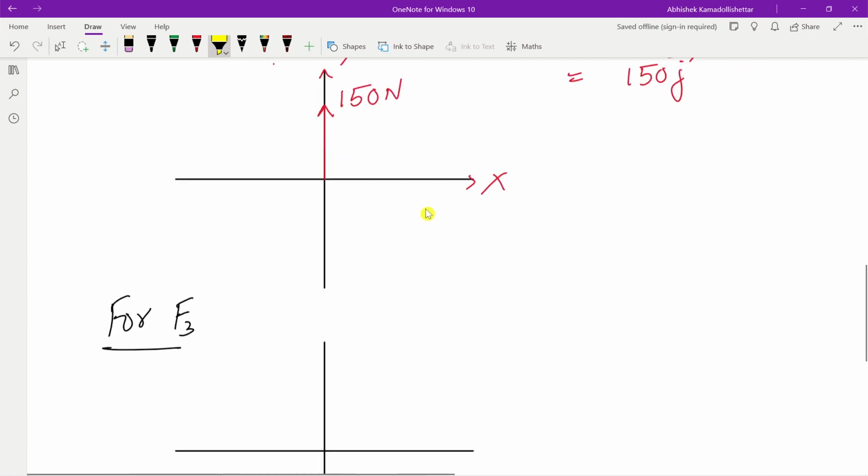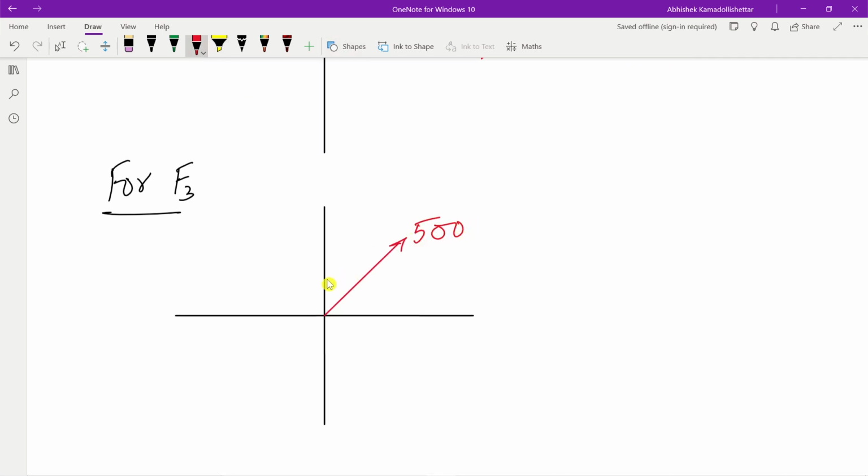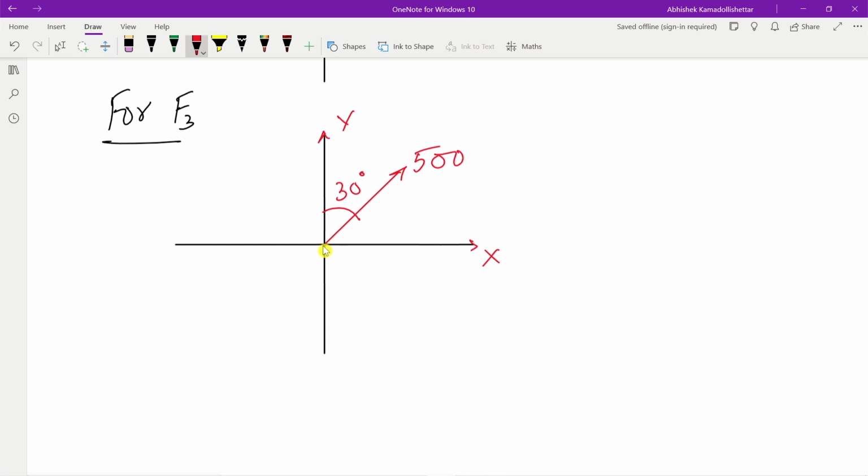This is the y-axis, x-axis. Now let me resolve this force. Along the x-axis the force would be 500 sine 30 degrees, and along the y-axis it would be 500 cos 30 degrees.